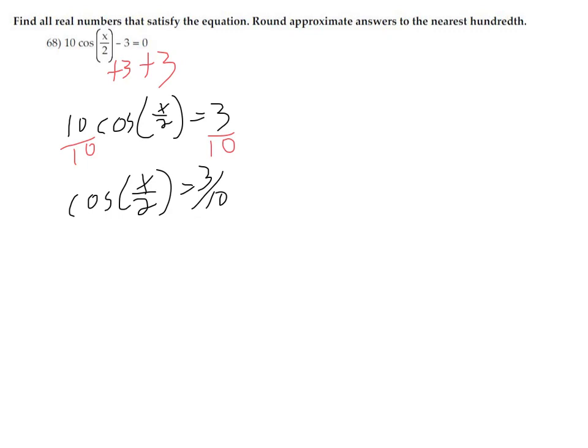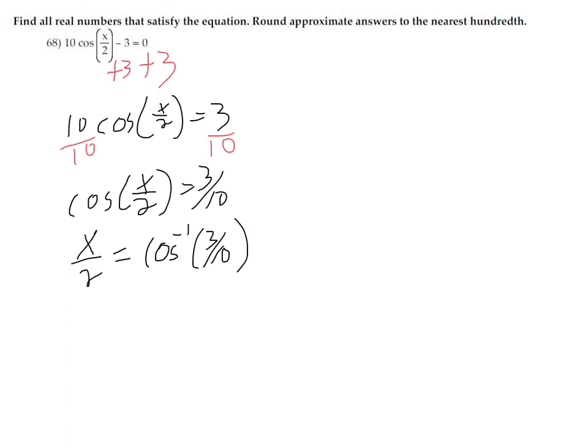Alright, so let's go to our calculator and do arc cosine of 3/10. Now although it says round to the nearest hundredth, since I'm not done with this problem, I still have another step, specifically this times by 2. I don't want to round to the nearest hundredth yet. I'm going to go maybe 4 decimal places.